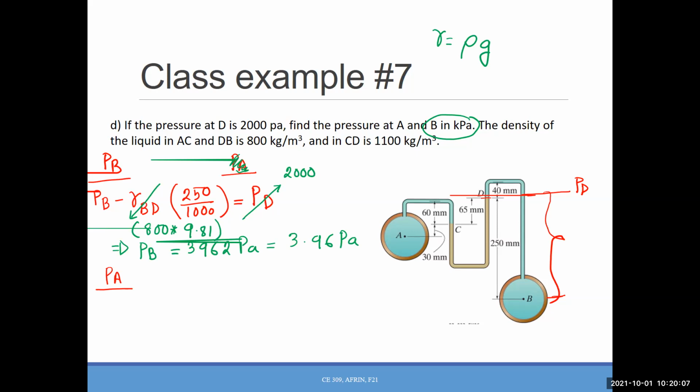Yes, now you're at that point, but we have one more layer of fluid. That's right. You have an answer? 2,936. Check the calculation again.